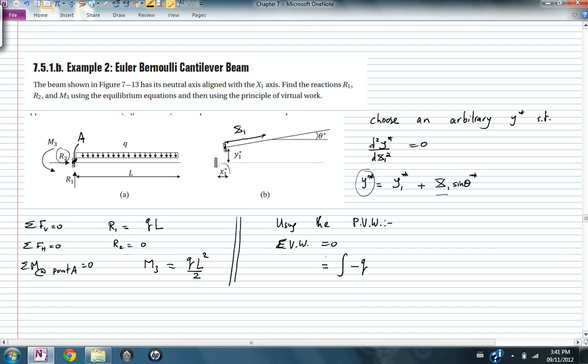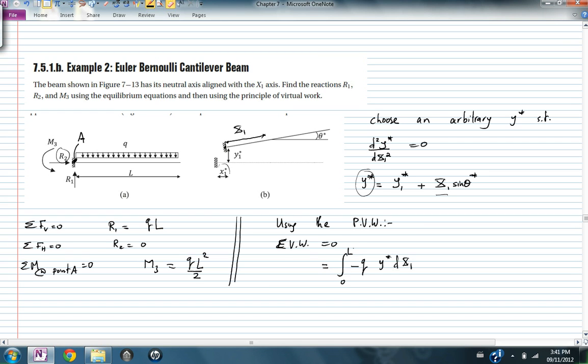And I'm going to put the displacement y star, which is given by the equation, integrated over the length.